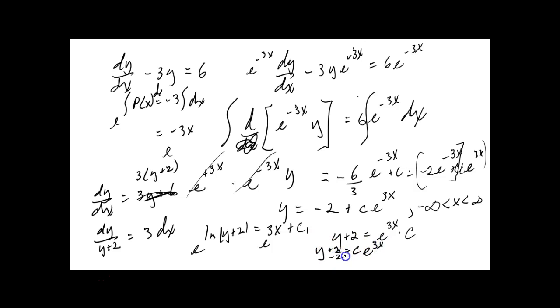Subtract 2 from both sides. And you've got the same answer you did there. Right? Yep, it worked again. So sure enough, that will do it. So y is equal to minus 2 plus c e to the 3x, good for any value.